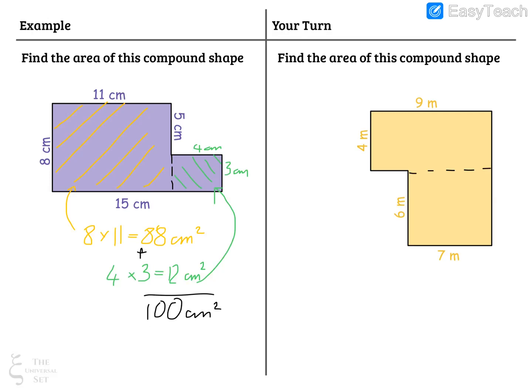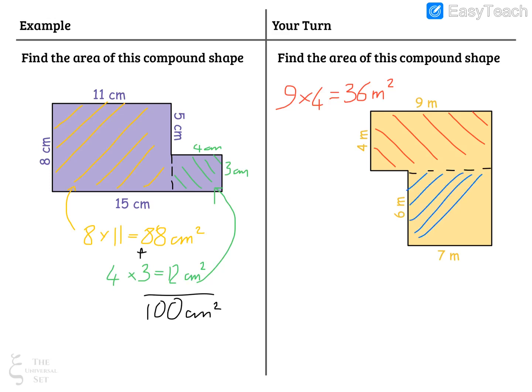And let's do those 2 in different colours like we did before. So this one I'll mark in red. What's the area of that one going to be? Length times breadth. Length is 9, breadth is 4. So we've got 9 times 4, which I believe is 36 units, metres squared this time. The other rectangle, let's shade it in blue.